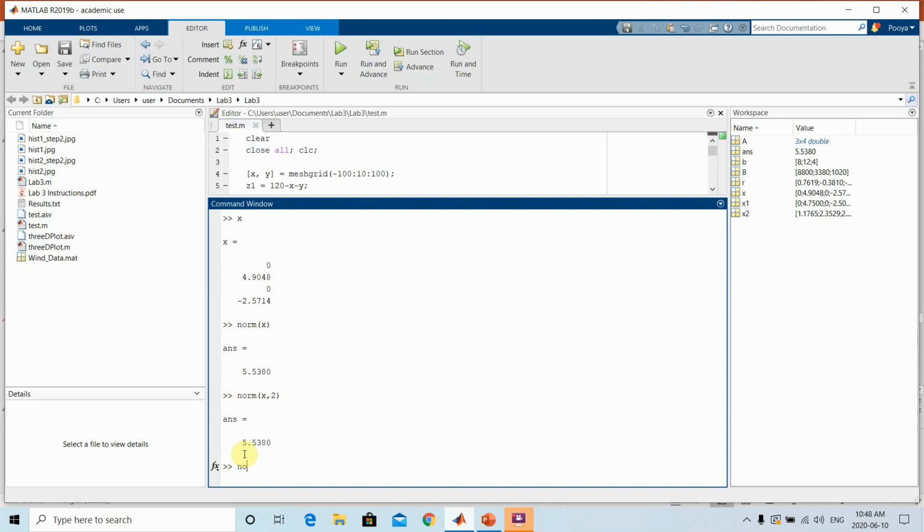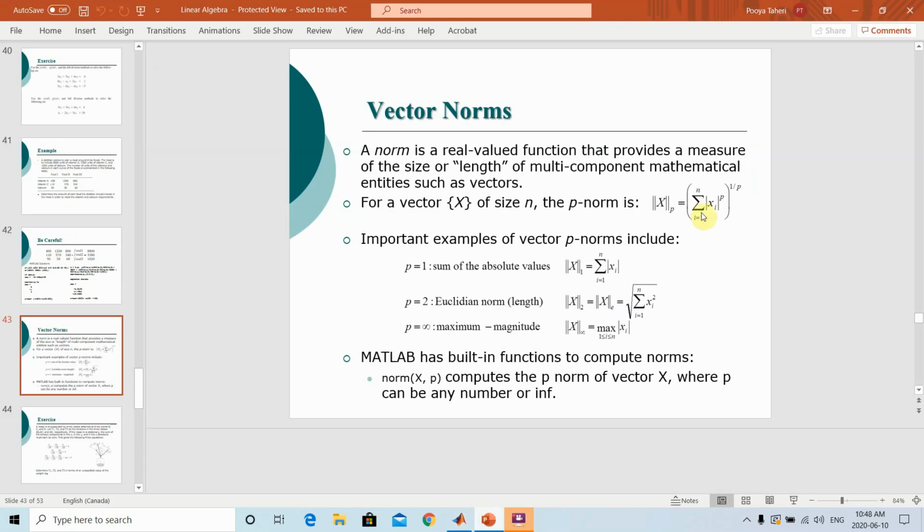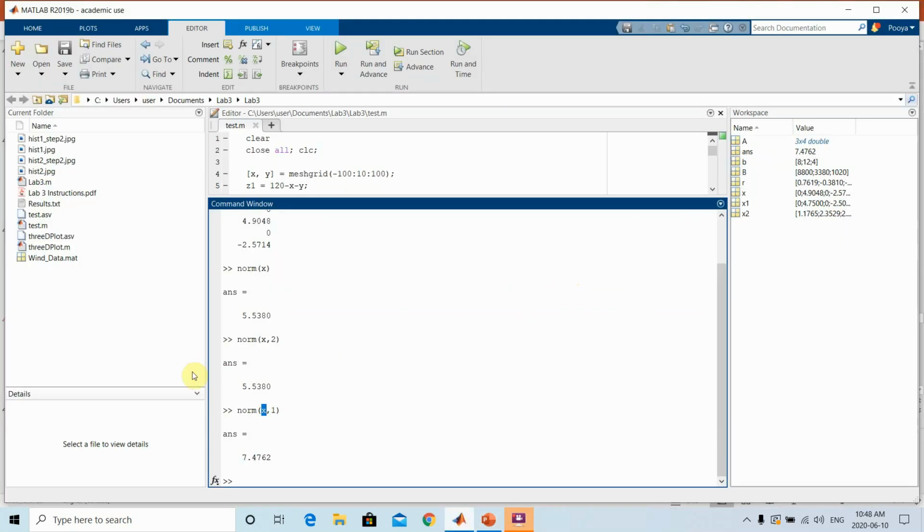But I can say norm of x and 1, which gives me a different number. So we have different definitions for norms, and they don't give us the same answer. This one basically adds up the absolute values of all the elements.